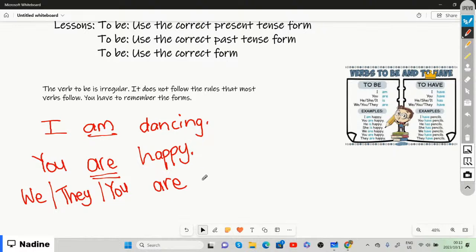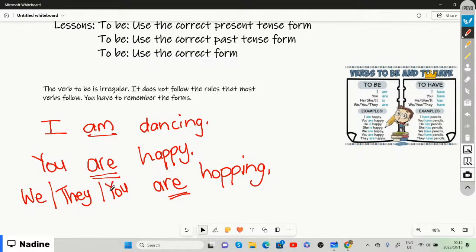Let's maybe say hopping or playing, right? So when we say you, if you're referring to you doing something, we doing something, they doing something, then we say are, right? So we are hopping, or they are hopping, or we can say you are hopping.